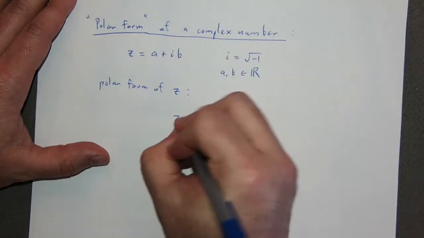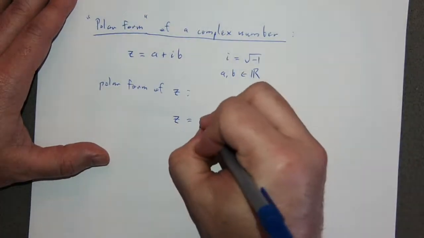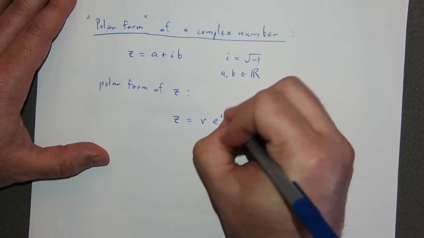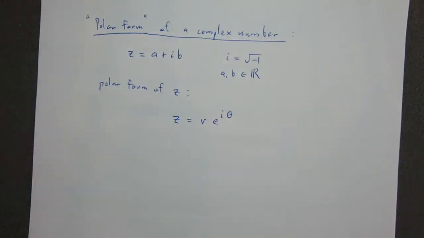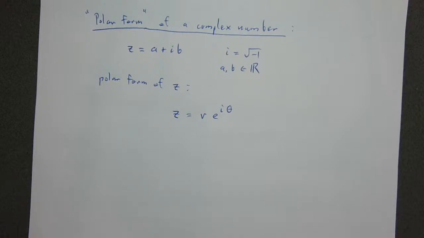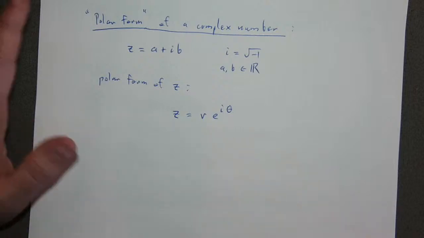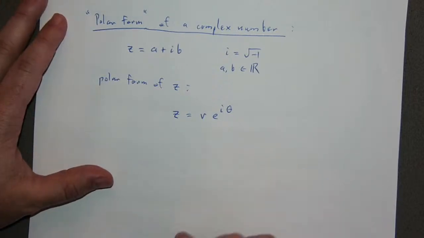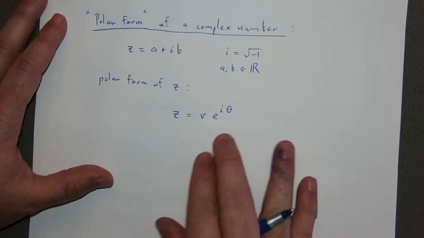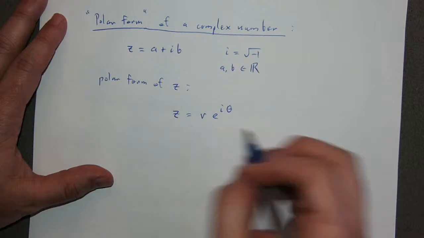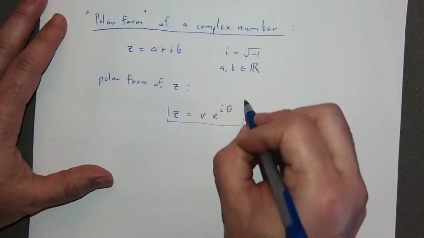And that polar form is z is equal to r e to the i theta. Now, really, we're saying something different here. To see what it is that we're saying, I'm going to take a brief little detour.